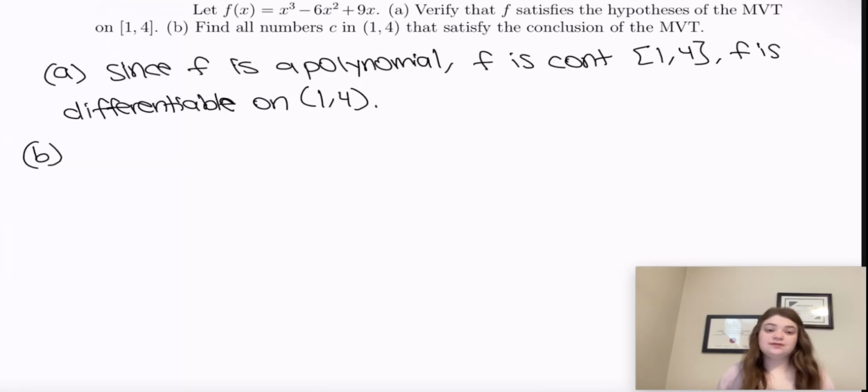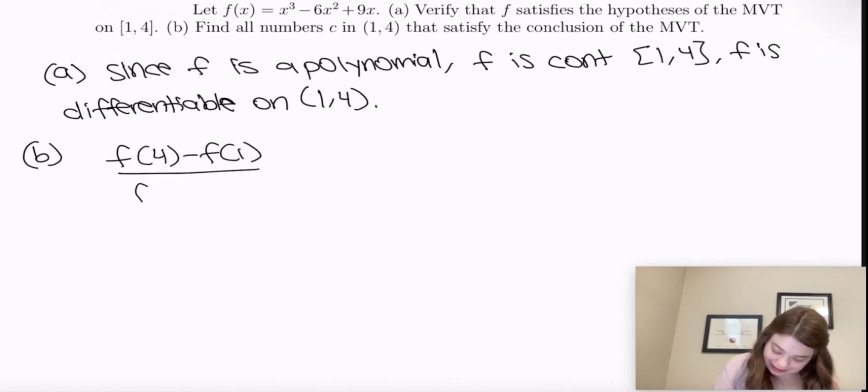Okay, part B says to find all the numbers c that satisfy the conclusion of the mean value theorem. So what would the conclusion be again? The conclusion is that at some point here, we would end up with a value that is the mean, right? And so first I need to find out what that mean actually is. So I need to find out what f of 4 minus f of 1 over 4 minus 1 is.